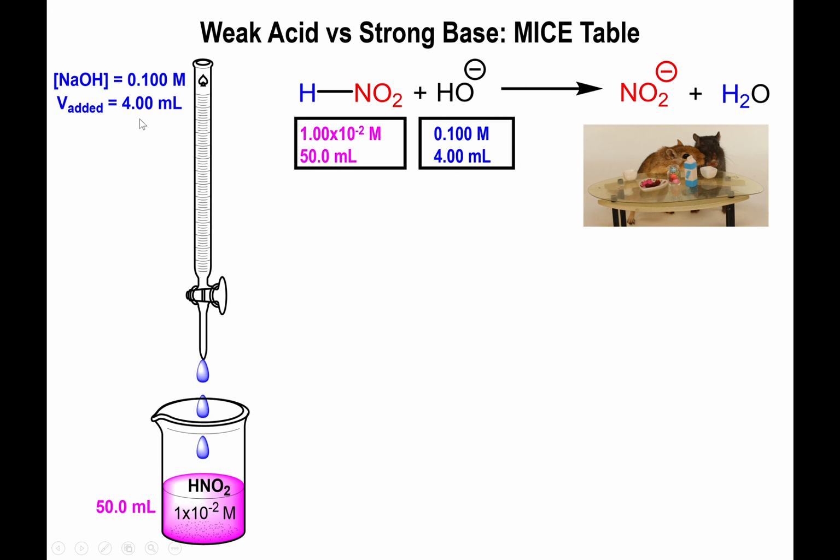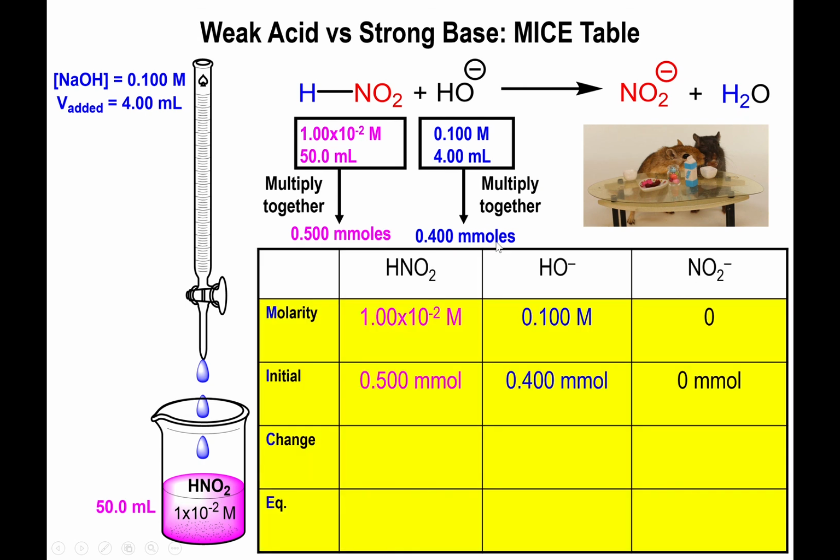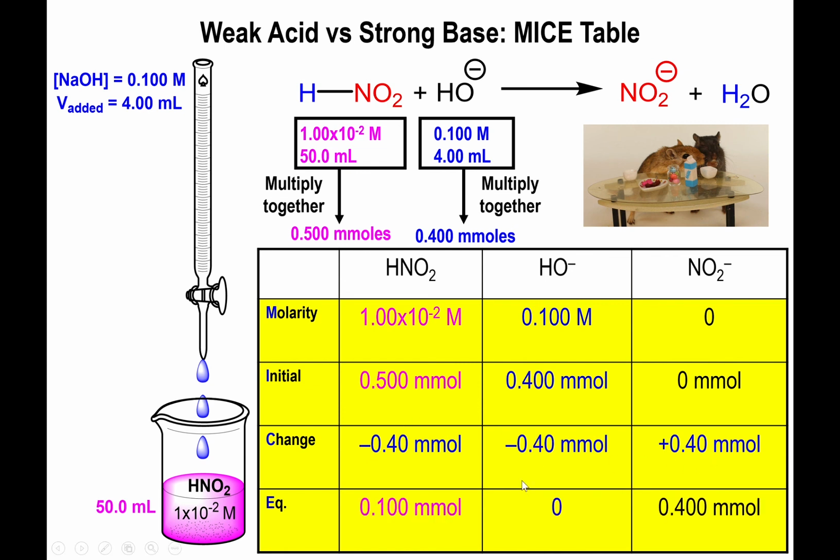We're going to go up to a total amount of 4.0 ml of hydroxide added. So now we have 0.5 millimoles of acid that we begin with. We have added now a total of 0.4 millimoles. So based on the ICE table, the limiting reactant is still hydroxide. So you subtract 0.4 from both and you add 0.4 to the product. So now you have only 0.1 millimole of acid remaining and you have 0.4 millimoles of base produced.